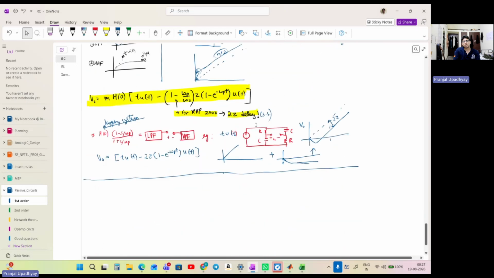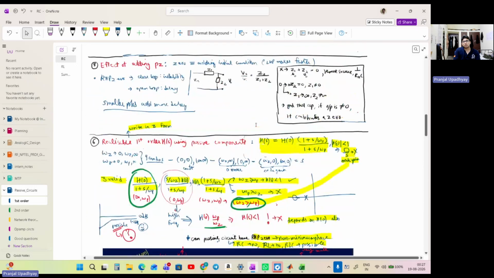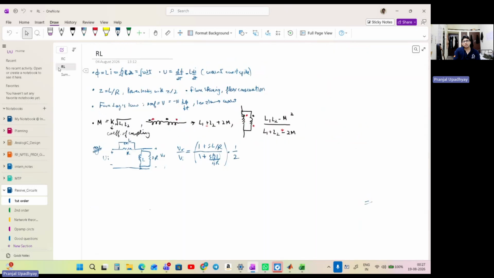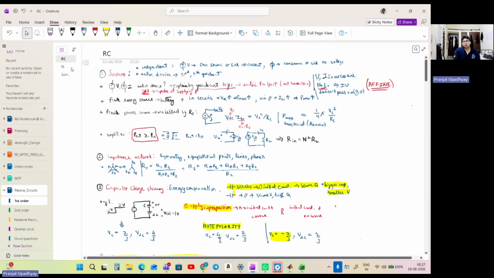Some examples we can go through, how we can quickly and intuitively find the response without really having the need to lift the pen. Then we can quickly go through the RL circuits, and then summarize everything all together.